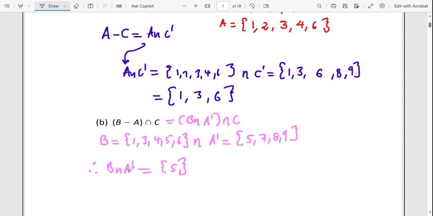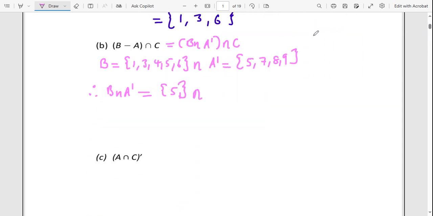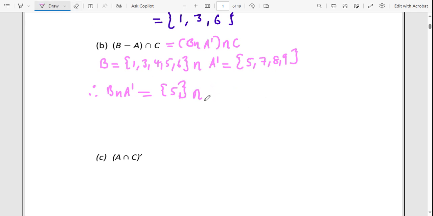And now we want where this B intersection A complement is intersecting with the set C. And the set C has got the elements 2, 4, 5, 7. Let me even write it so that you can see that that's the set C: 2, 4, 5, and 7.